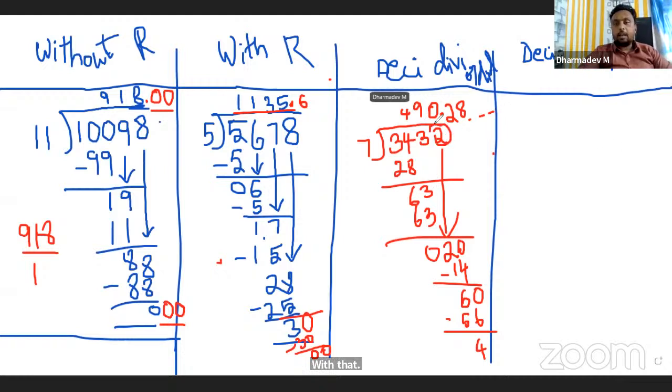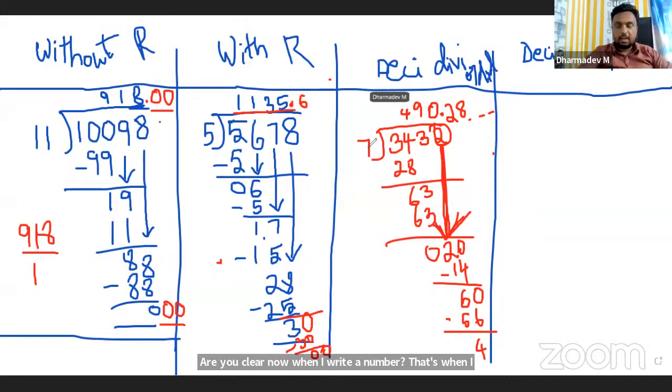When I write a number down and if it is not divisible, I have to write 0 on the top. Are you clear now? When I bring down a number and if it is smaller than the divisor, then I have to write 0 on the top. I'm repeating the statement one last time.